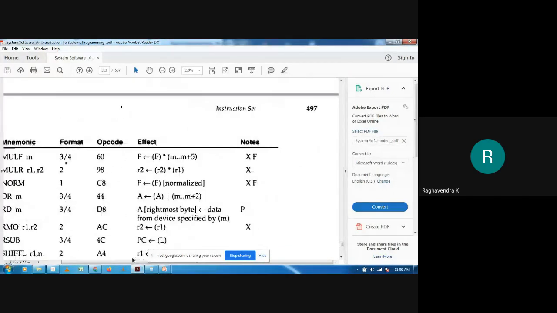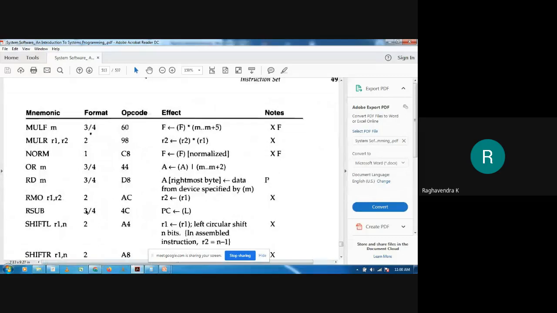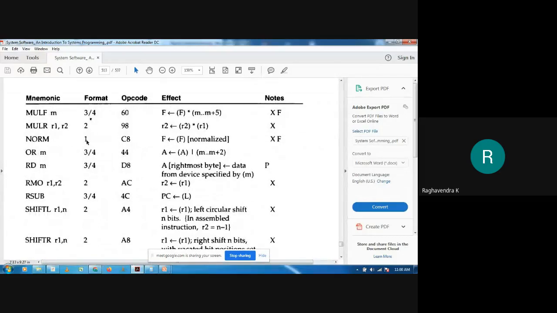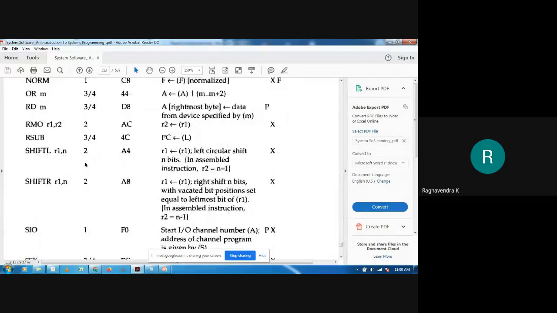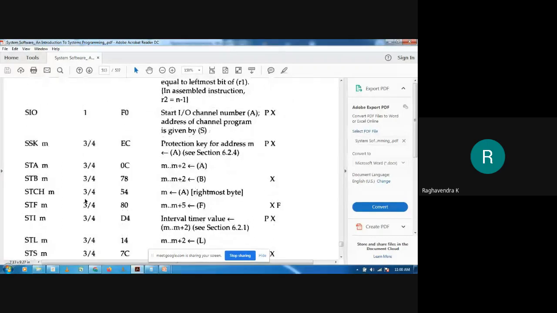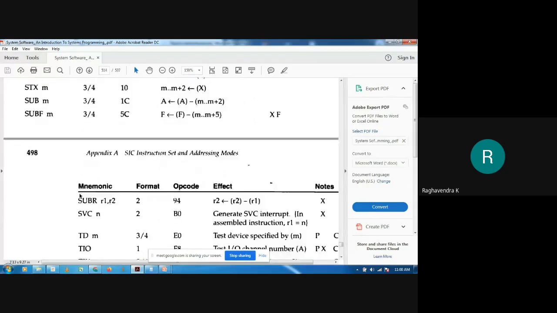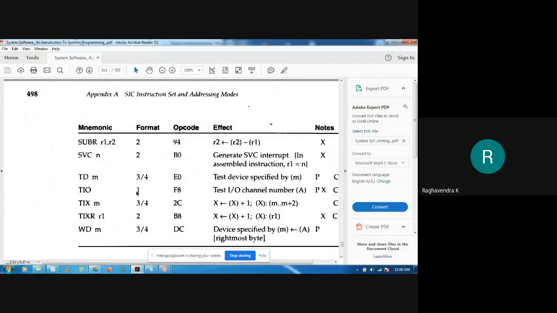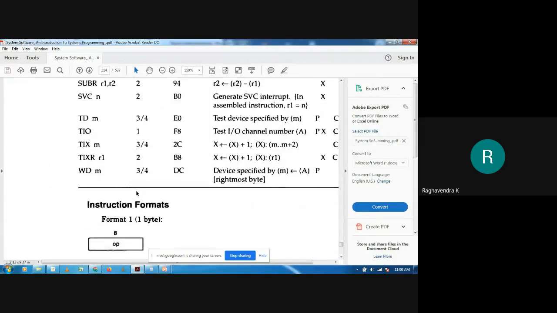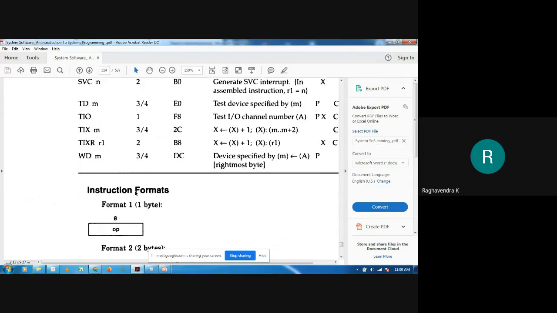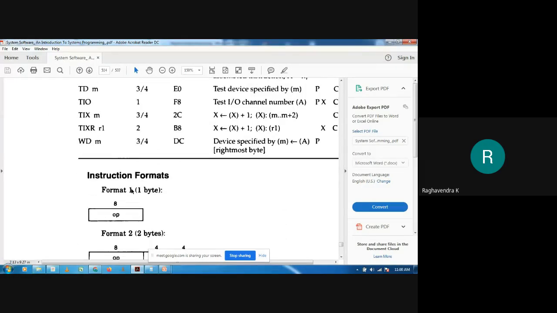If you look into the appendix, you will also see a few more: norm is a one byte instruction format, SIO is 1 byte. So 5 instructions. And let us see further. TIO is 1 byte instruction format. So totally 6 instructions are 1 byte.